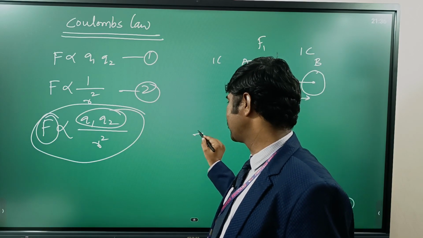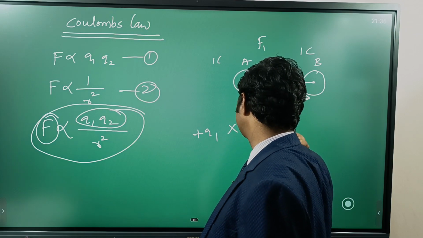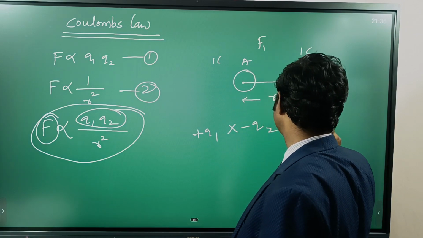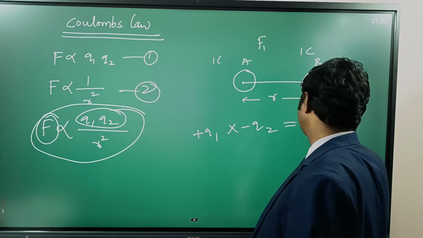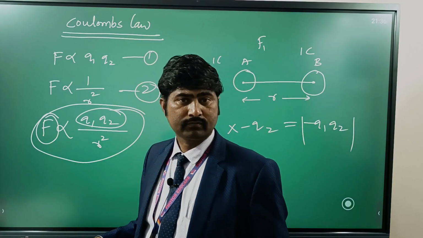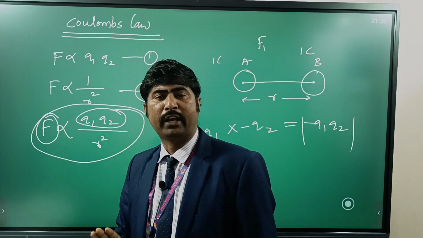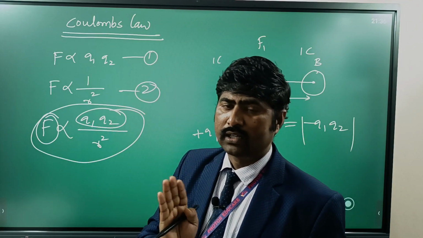If Q1 is positive charge and Q2 is negative charge, what will happen? Plus into minus, Q1 Q2. But we are taking magnitude here, the magnitude of force, either it is positive charge or negative charges.